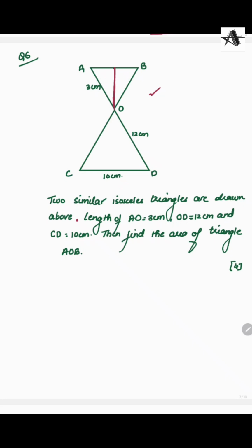I'm writing here volume of bigger over volume of smaller is 3 to the power of 3, because volume scale factor is cube of scale factor, which is 27. So from here volume of smaller will be equal to 38.47.